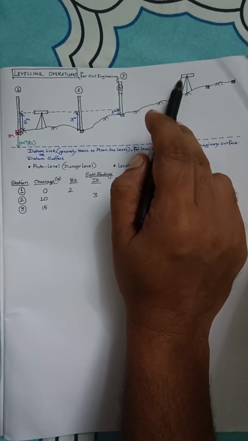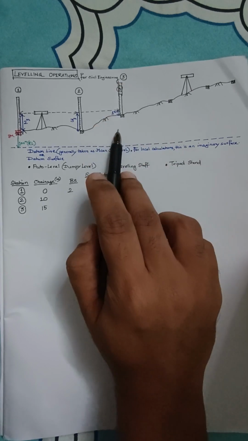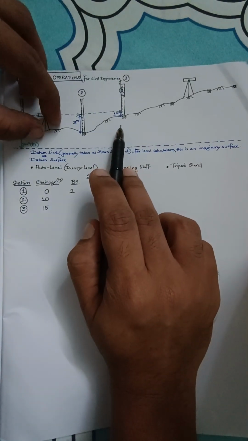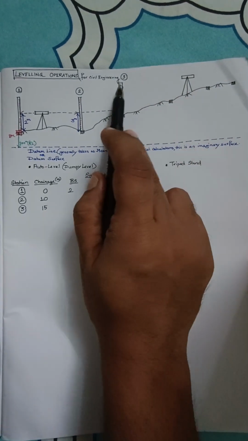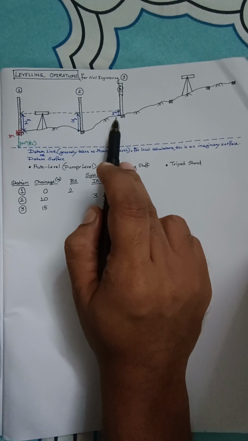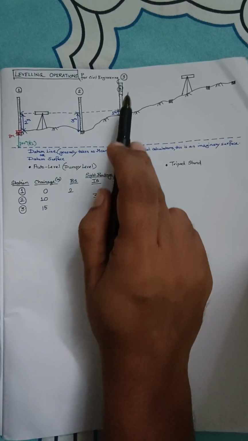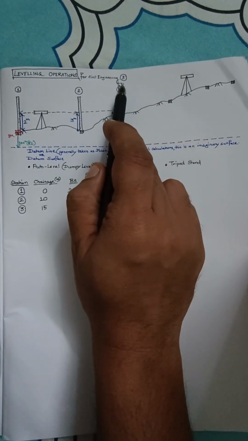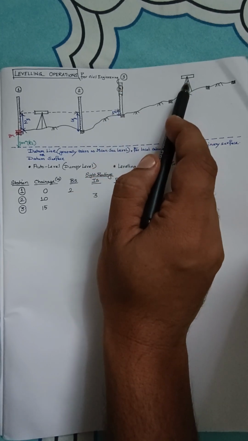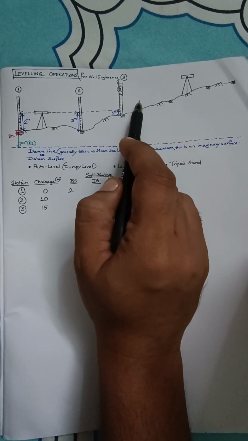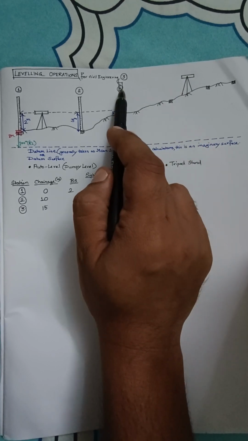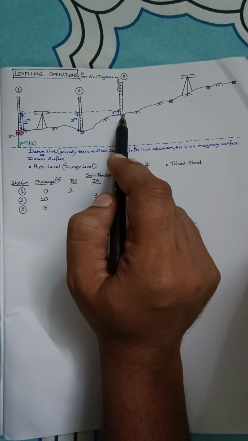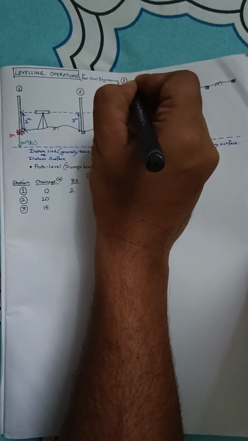All I want to know is that I can see this station, because once we have shifted this station to somewhere at this point, you need to make sure that you can see the staff reading, keeping the staff at the same point. If you cannot actually see this staff, it is pointless. You have to change this station to somewhere over here. The condition lies in choosing the station in such a way that you can see the staff reading from the last known point. So technically I can see it through.